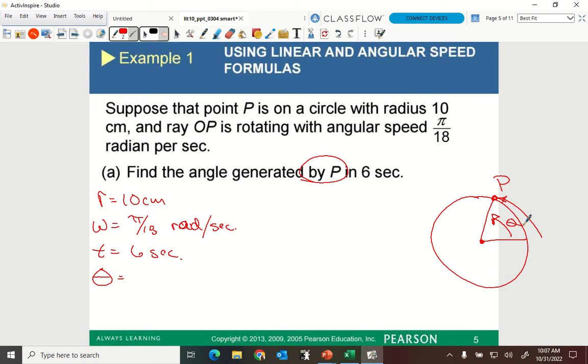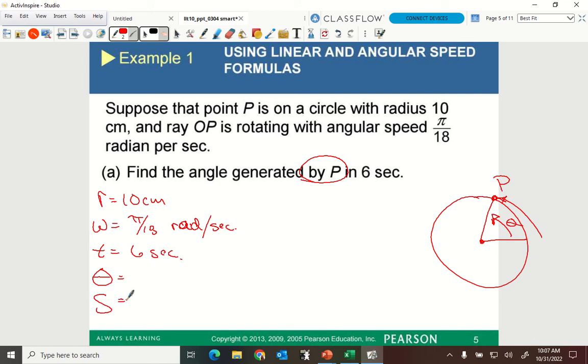So P is the point on the edge of the circle. What else am I missing? Am I missing pizza crust? What variable is used for pizza crust? Distance? No, s. s is my distance. s is the pizza crust. So we're missing the s.